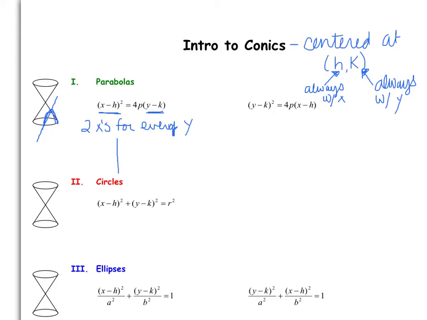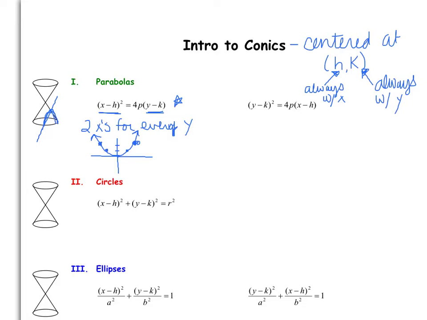If you're looking at a graph and the y value is 2, the 2 x's that have a y value of 2 are going to be on either side, right? The same thing if I have 1 at 1. They're going to be on either side. If my center is the origin, then you'll notice that this parabola is going to open up. So this equation is used whenever you have an up or down opening parabola.